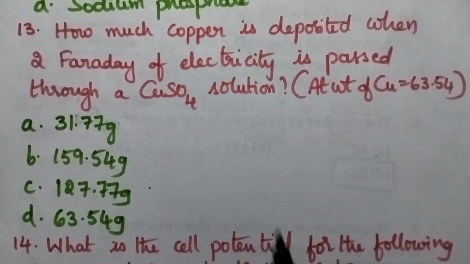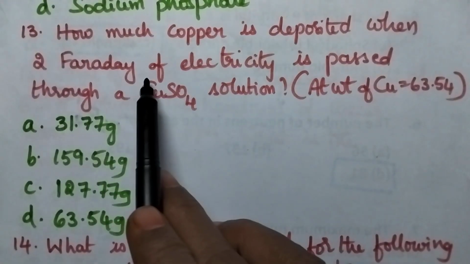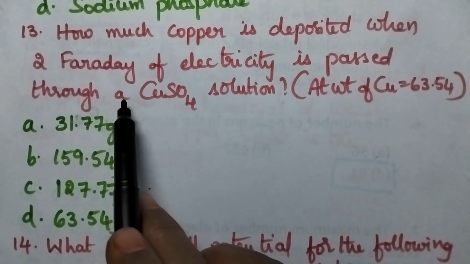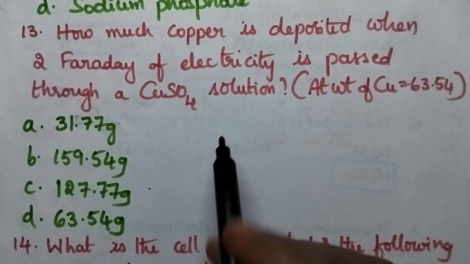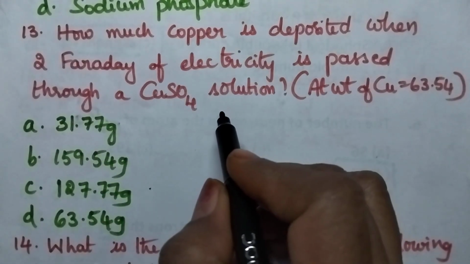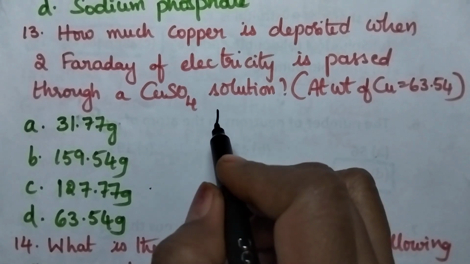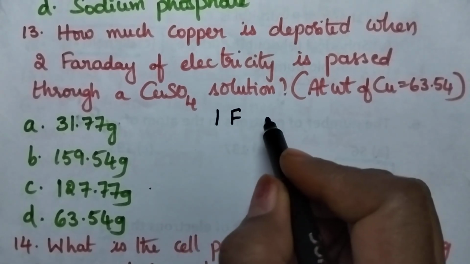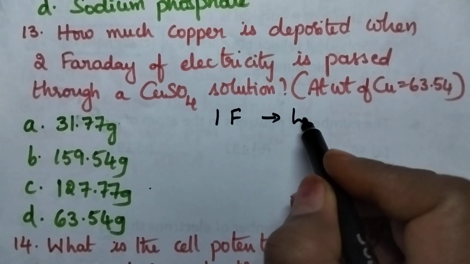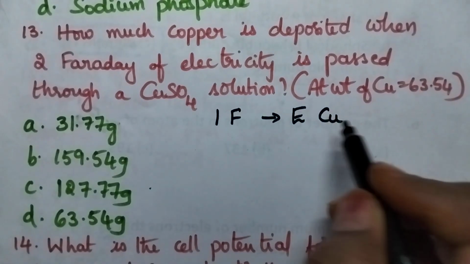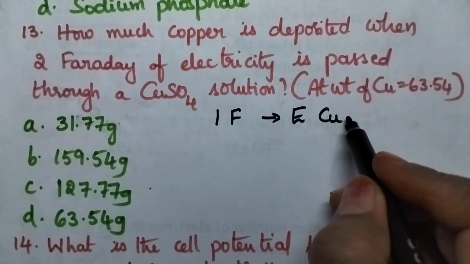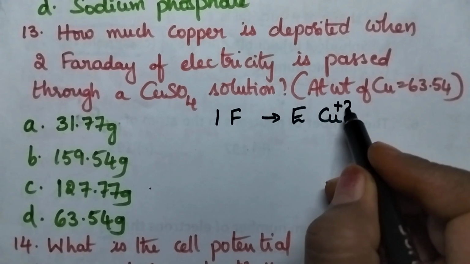How much copper is deposited when 2 Faraday of electricity is passed through a copper sulfate solution? According to Faraday's laws, 1 Faraday of current can deposit the equivalent weight of copper. So what is the equivalent weight of copper? Copper is having a +2 charge.